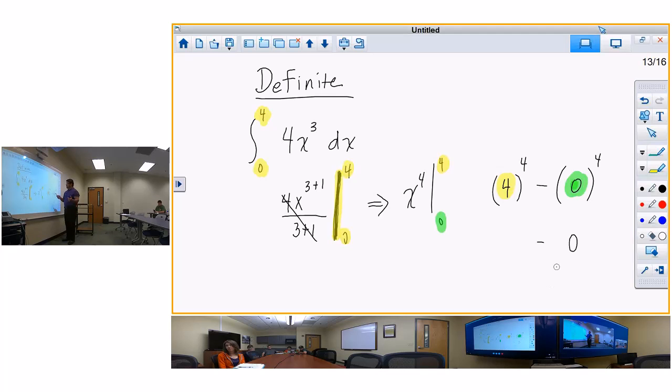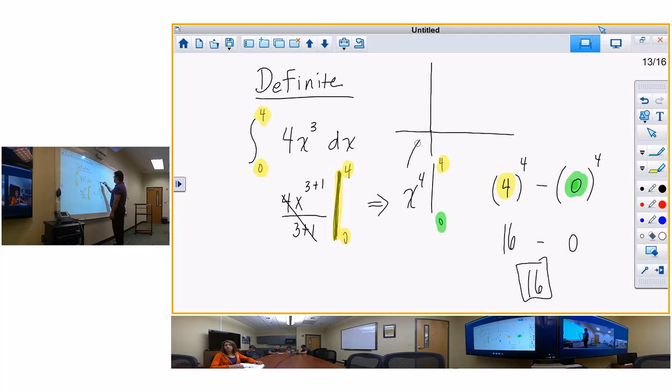I thought I heard somebody talking. 4 to the 4th power is what? 16. What's 16 minus 0? 16. So the area under this curve and 4x to the cube, we know, looks something like this.